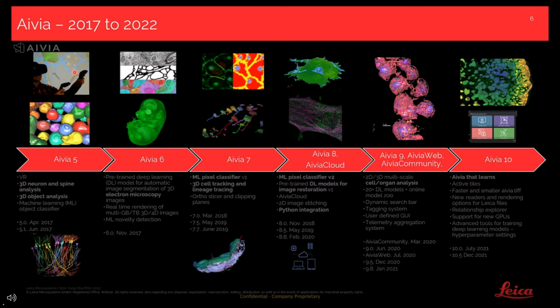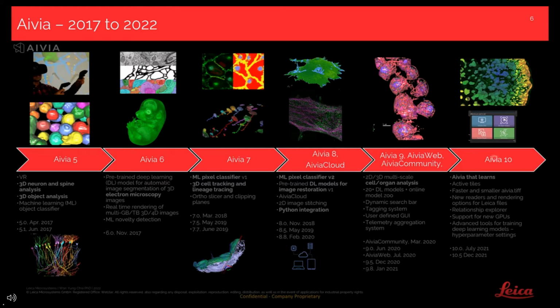With AVIA 5, the AVIA team introduced neuron and spine analysis and machine learning object classifier, followed by a deep learning model for EM images in AVIA 6, machine learning pixel classifier in AVIA 7, 3D cell tracking and lineage tracing in AVIA 8, and deep image restoration, Python integration, and cloud-based AVIA for accessibility for all in AVIA 9.